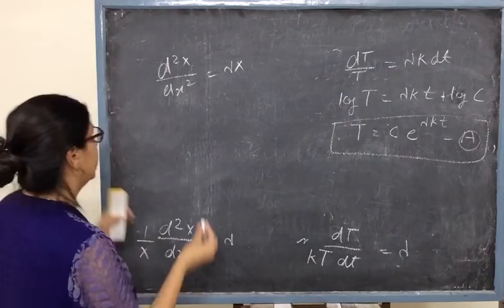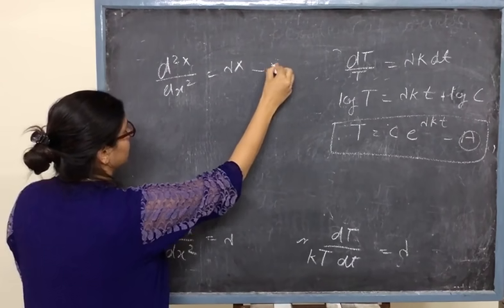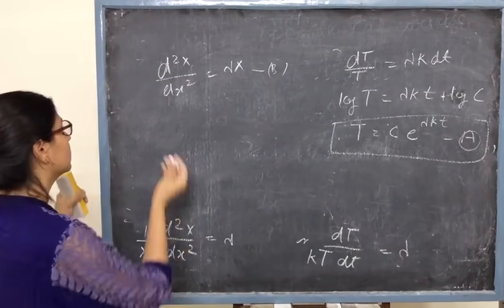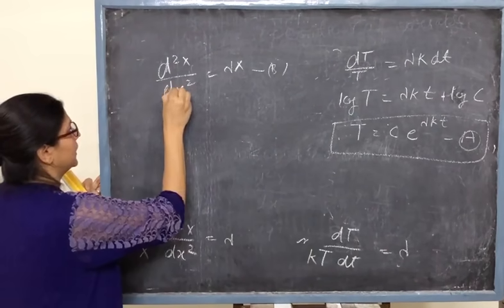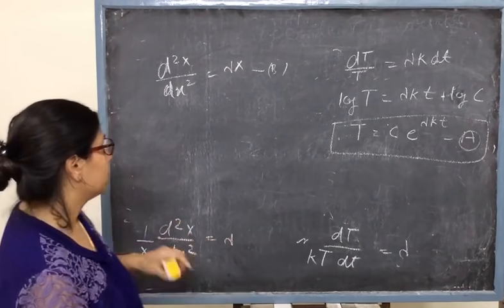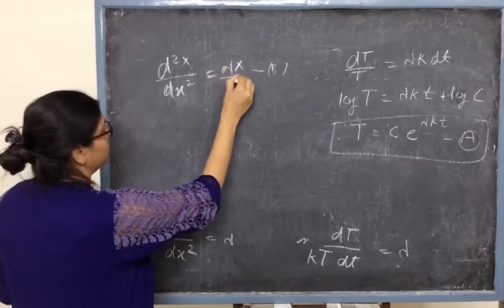Now this equation we can call equation 3. Here this equation is a second order differential equation. Here there are three cases that arise on the value of lambda.